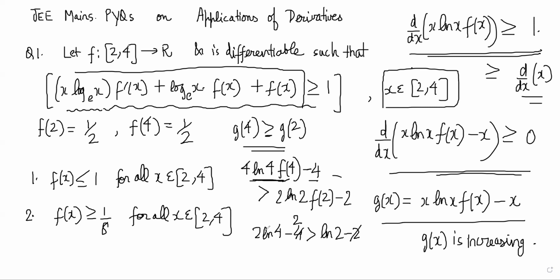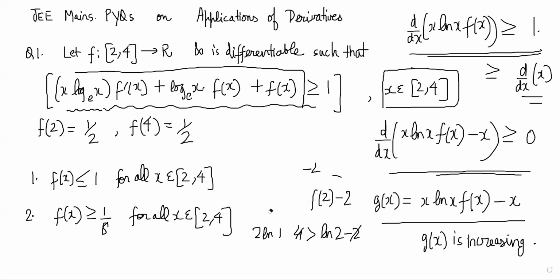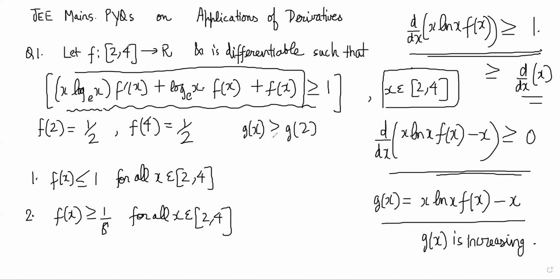Yes, sir. Okay, this doesn't help us much, but now we have to think about f(x) values in between 2 and 4, right? Yes, sir. Let's think of this one. How would we get this? So we can say that our g(x) is always going to be greater than g(2), right?